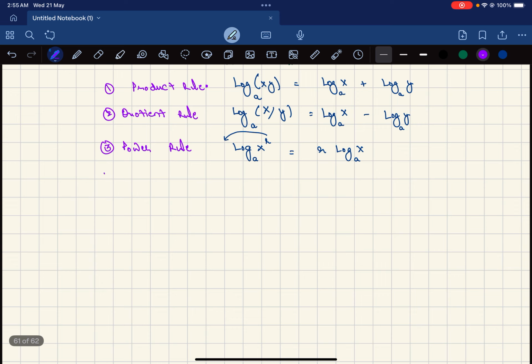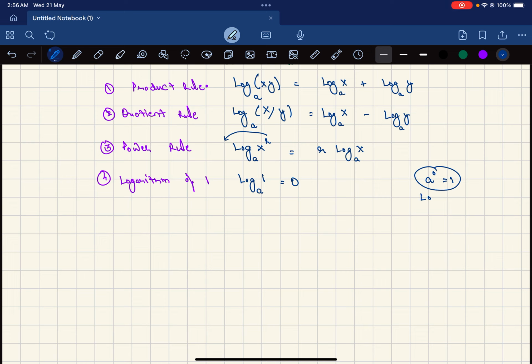Now next we have the logarithm of 1. So log of 1 to the base any base a is always equal to 0. Why is this? Because a to the power 0 is always 1.